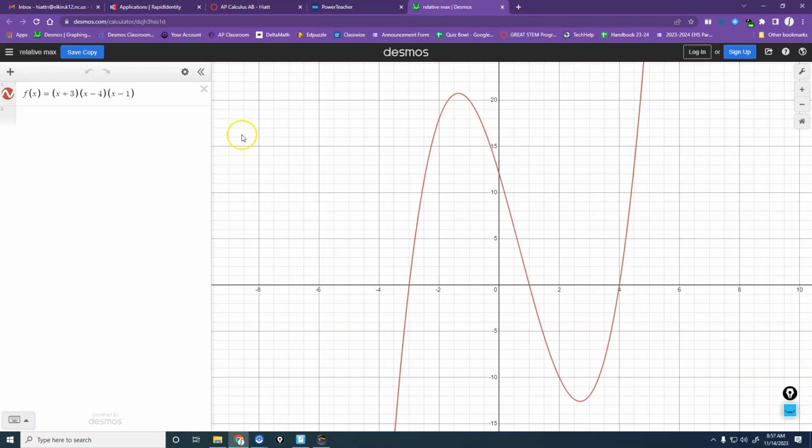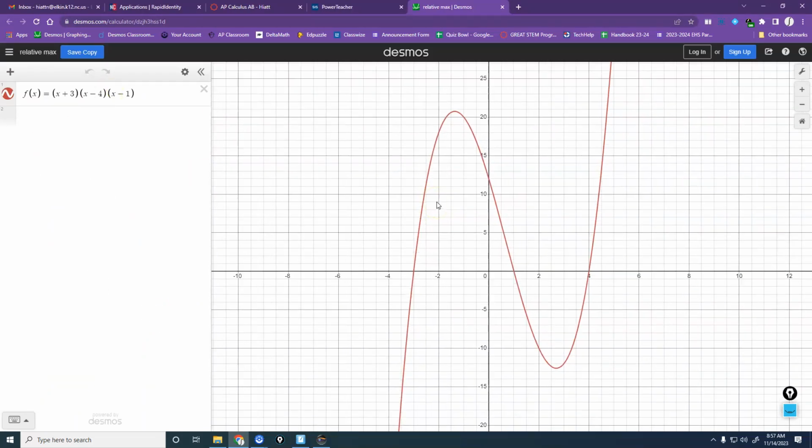Okay, so this is just a Desmos graph to give you an example again. This point right here is a relative or a local maximum. It is not the highest point on the graph.